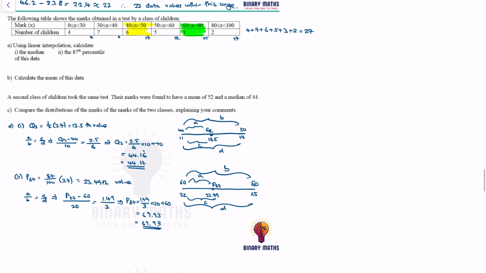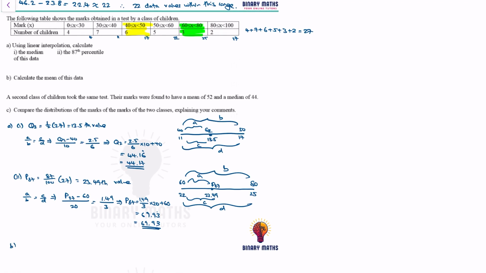Calculate the mean of this data. Because it's a grouped frequency table, it's the sum of f times m, where m is the midpoint, over the sum of f, which is equal to 15 times 4 plus 35 times 7 plus 45 times 6 plus 55 times 5 plus 70 times 3 plus 90 times 2, all over the total frequency we've already worked out, which is 27.